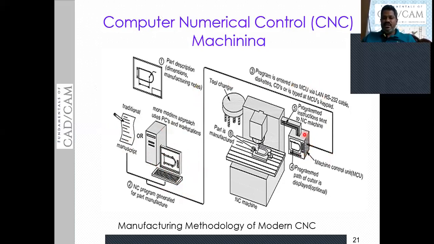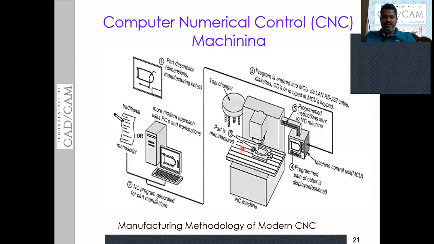In the case of the closed loop or open control system, all those will be active at this stage. The machine control unit sends the machine readable signals to the NC machine, where the actual work will be performed.